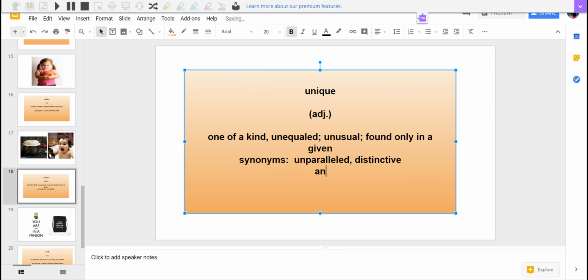Sorry about that. Antonyms are ordinary, commonplace, run-of-the-mill. That's weird. I know I typed those in last night. Oh, you know what? I wonder if I was offline. So it might have screwed up. Darn Google.